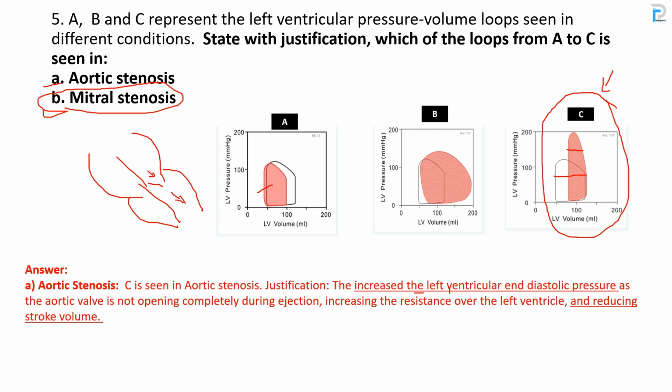This valve is stenotic. Stenotic means it doesn't open sufficiently for blood to come into the ventricle. So this means there will be a reduction in the ventricular volume at the end of diastole. There is impairment of ventricular filling.